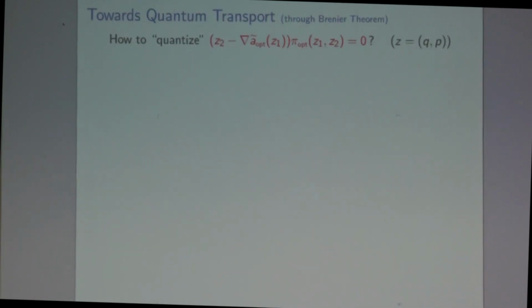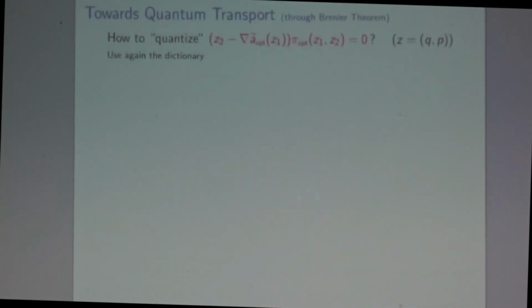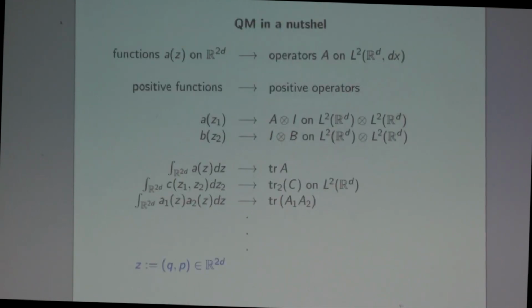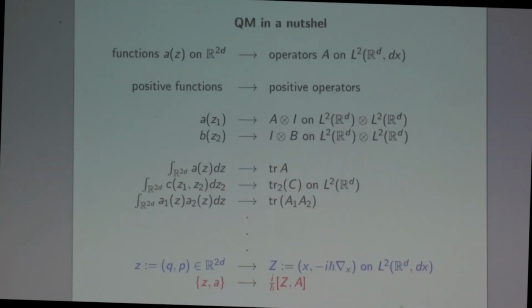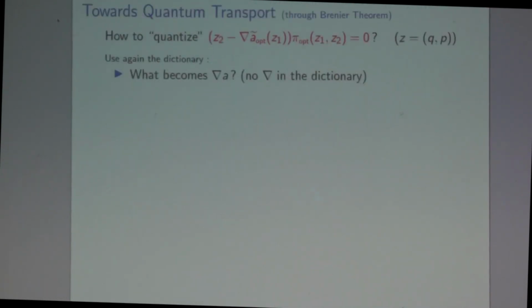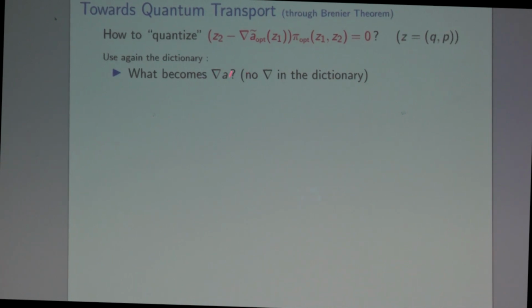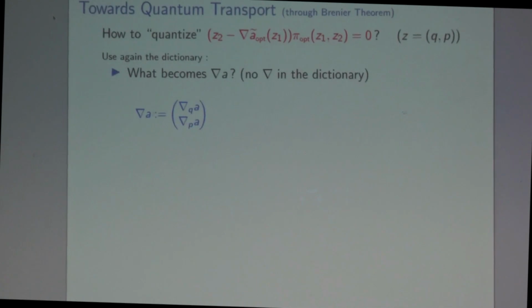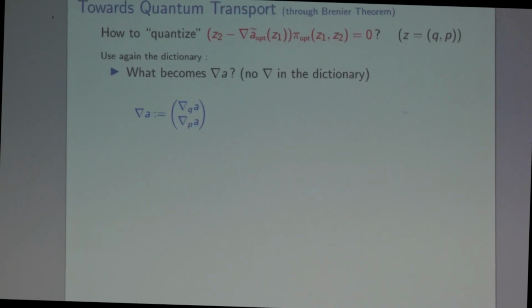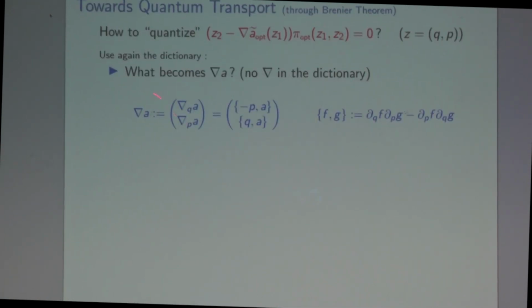I just said that everything was fine up to a gradient. And now I want to know what is the quantum equivalent of the gradient of a function, that is, an operator acting on another operator, since A is now going to be an operator. So the first remark is to say that the gradient of A is the gradient in Q of A, gradient in P of A, of course, this is a vector.